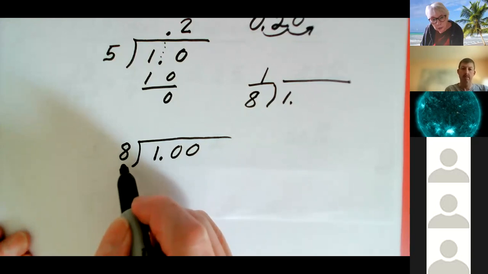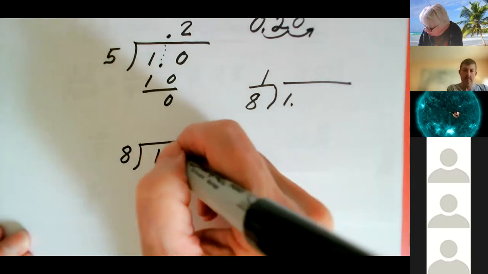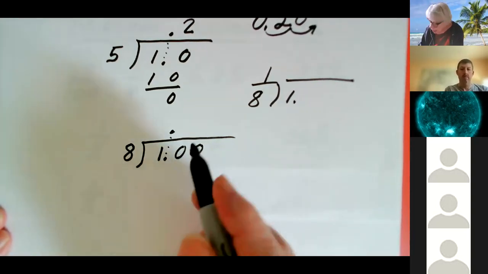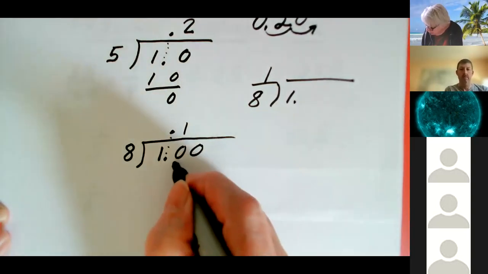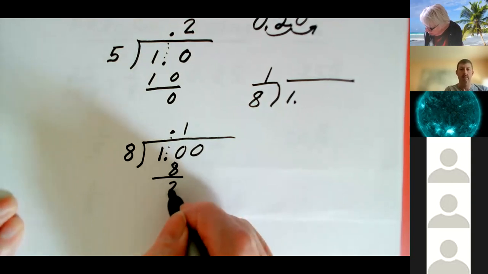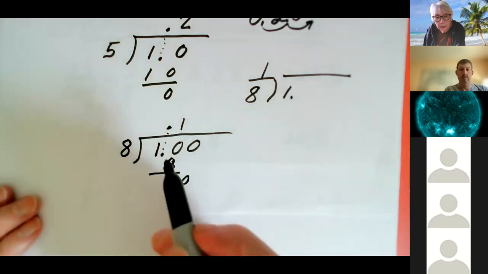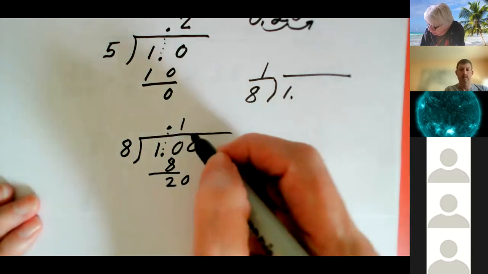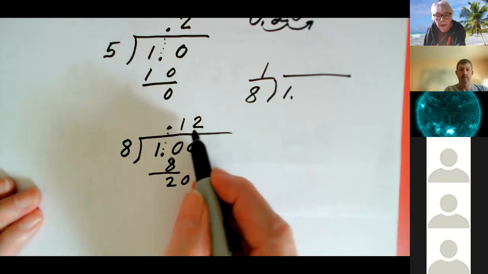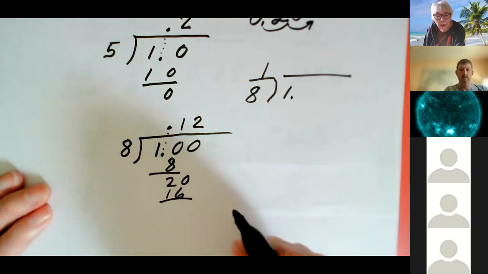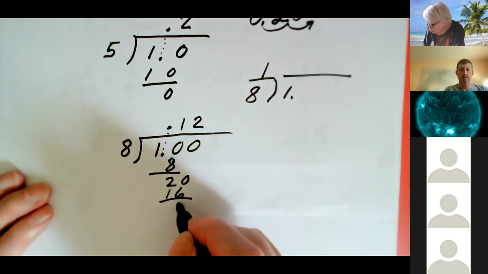There's no decimal shift because this is a whole number. This comes up. So I'm talking 8 into 10 is 1. 1 times 8 is 8. It's going to take one more step. 8 into 20 is 2. 2 times 8 is 16. Subtract, and I have 4.